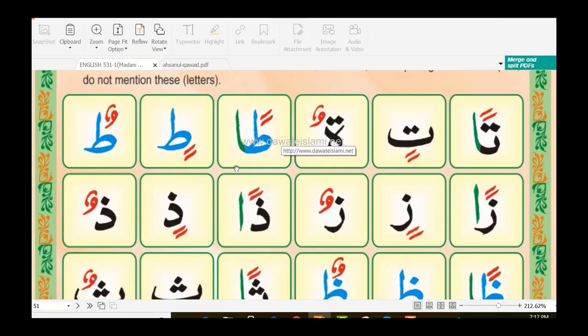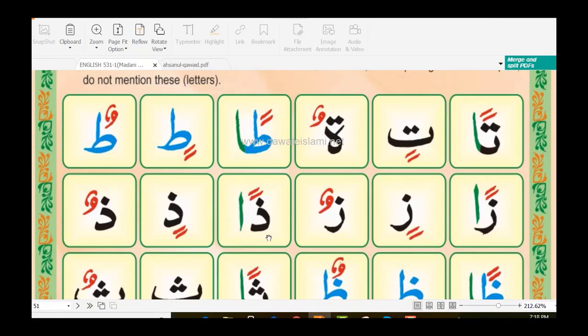And the next line, this is za. Za is a superior letter, as we know, so here we have to make the sound a little buzzing. Za alif double fatha zan, za double kasra zin, za double dhamma zun: zan, zin, zun.